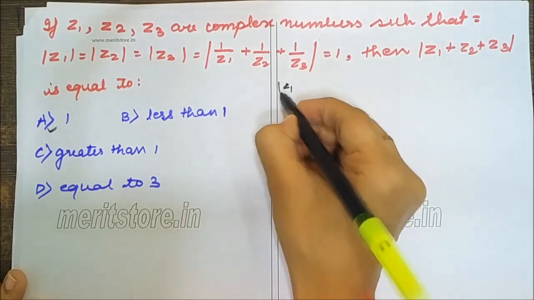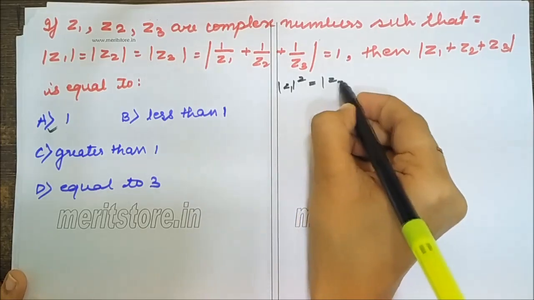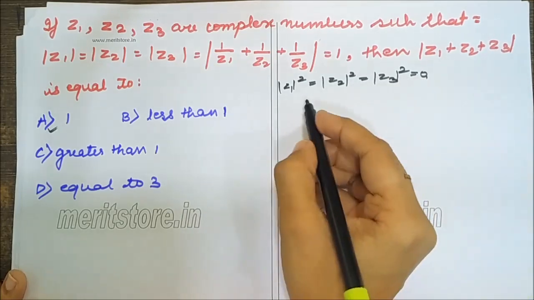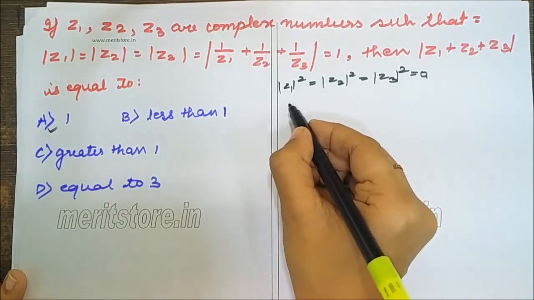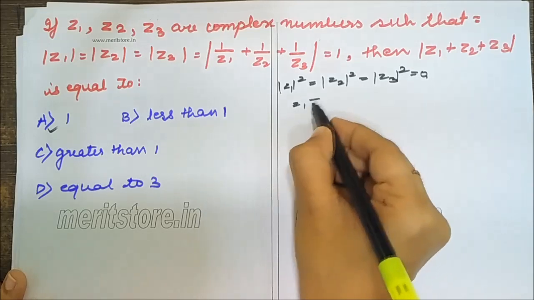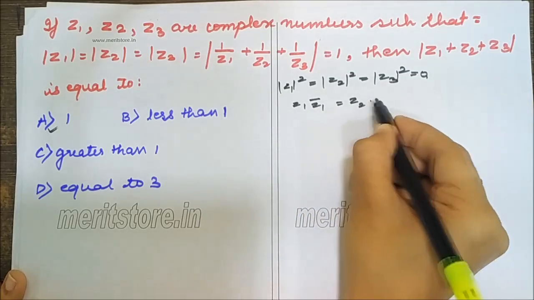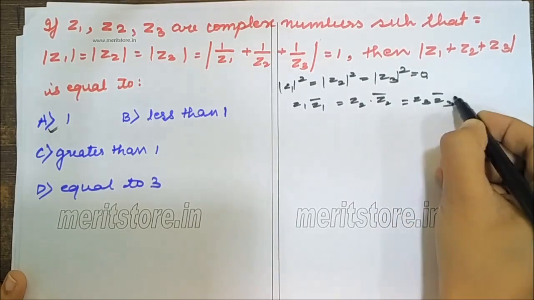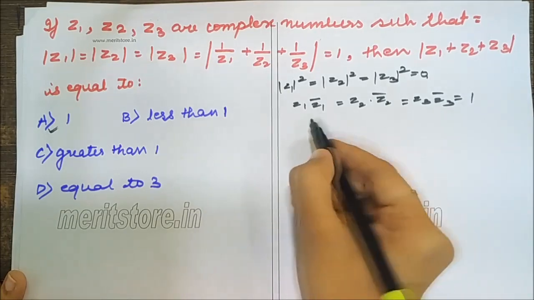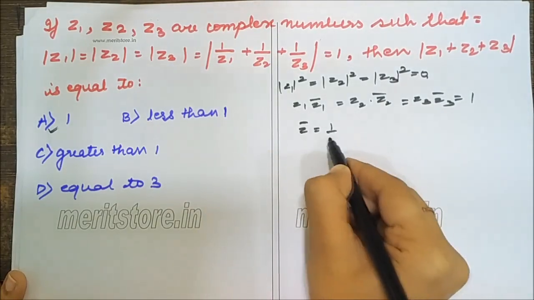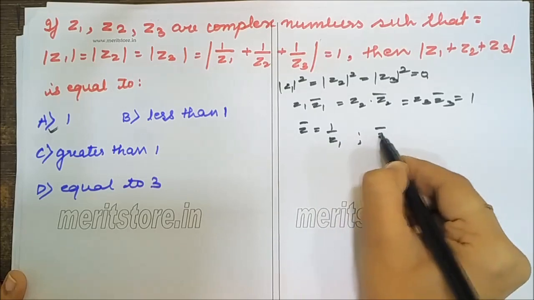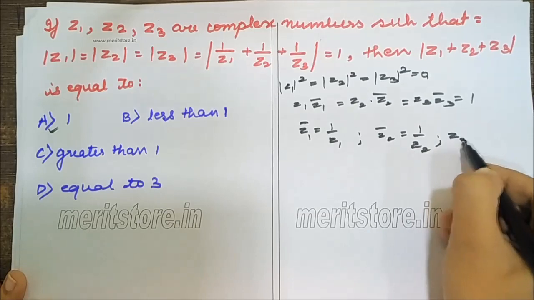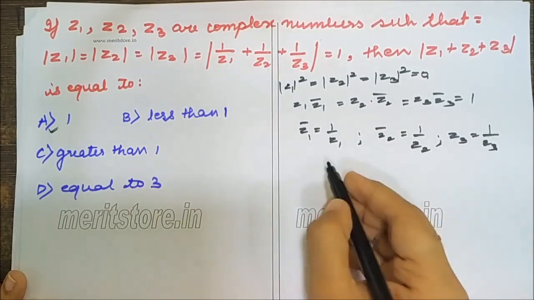So z1 z̄1 = |z1|² = 1, so z̄1 = 1/z1, z̄2 = 1/z2, z̄3 = 1/z3.